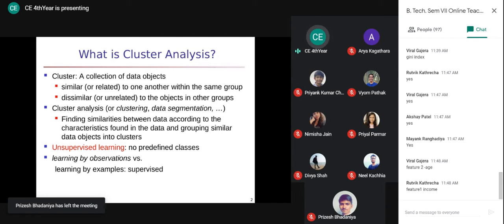And as we know, it's an unsupervised learning algorithm where, even during training, you do not have any predefined classes. You just have examples, right? But from those examples, you have to find some similarity between different x values or between different samples.